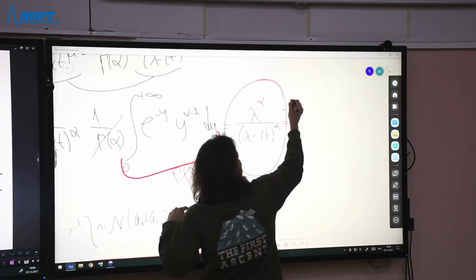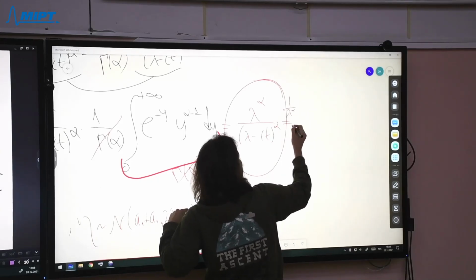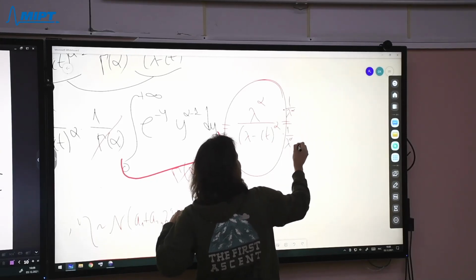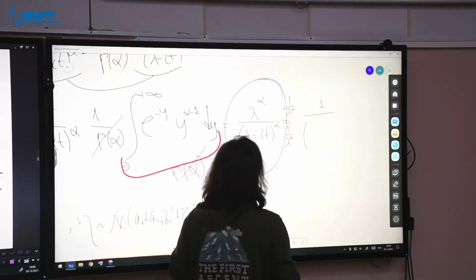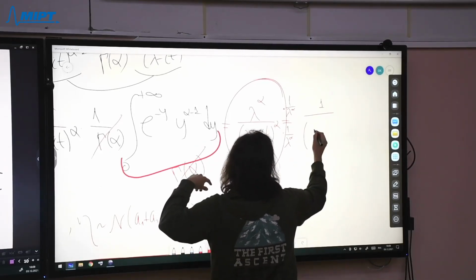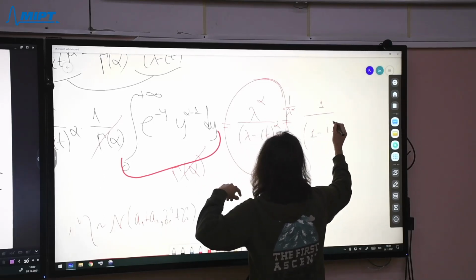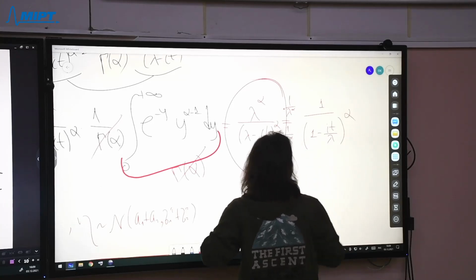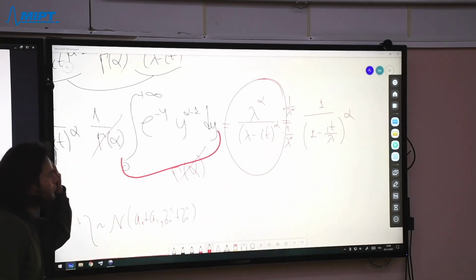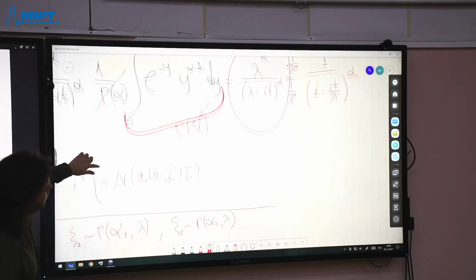If we divide this by lambda to the alpha, and this by lambda to the alpha, we get 1 over 1 minus it over lambda. So we can use that here.